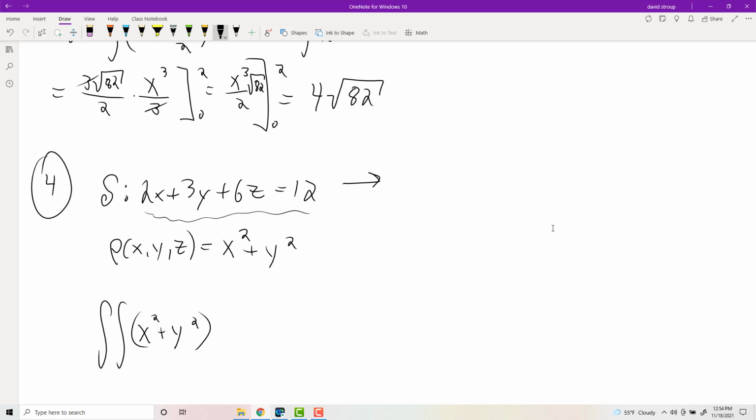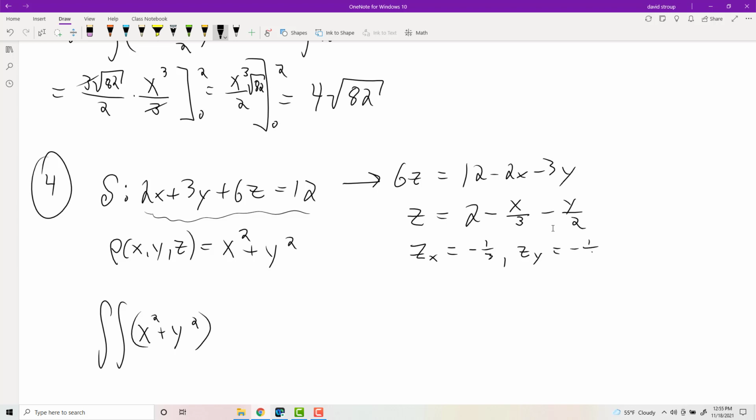So I'm going to rewrite it. So 6z equals 12 minus 2x minus 3y, divided by 6: z equals 2 minus x over 3 minus y over 2. And then I need zx, which will be negative 1/3, and then zy will be negative 1/2.